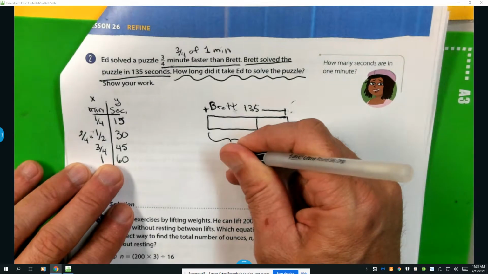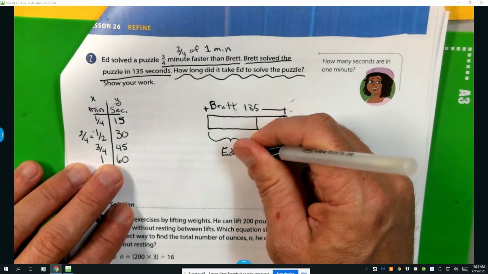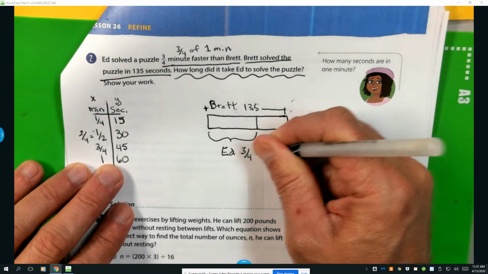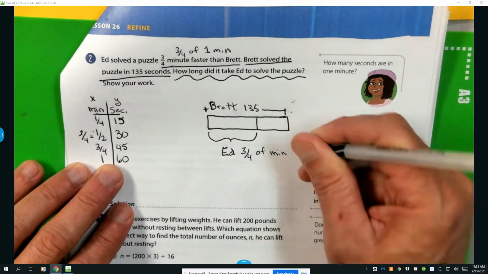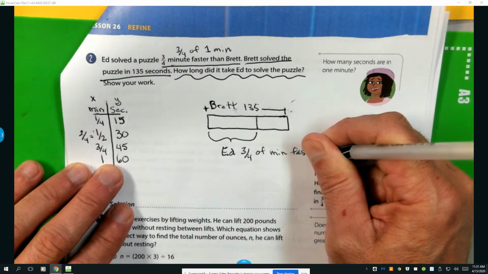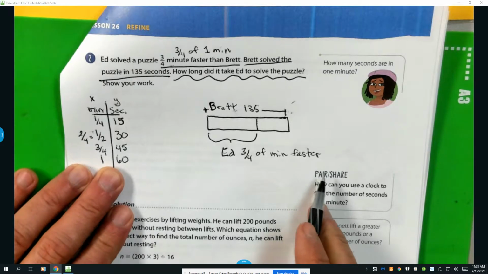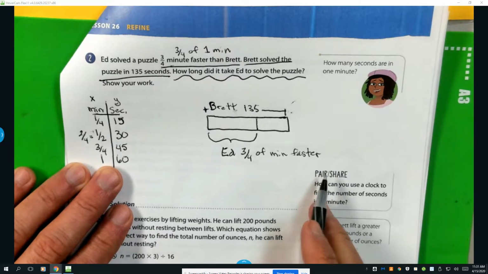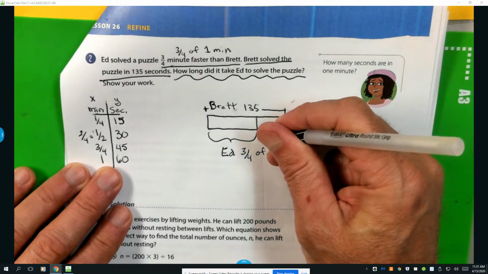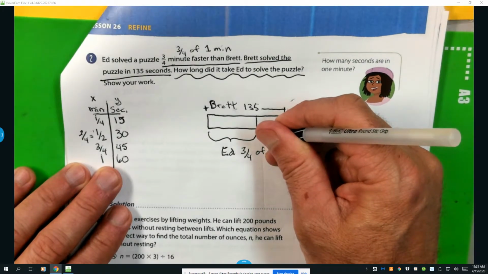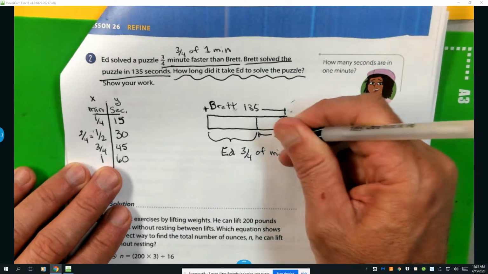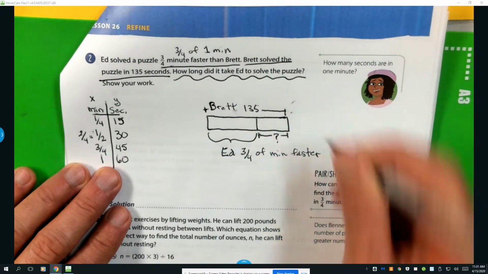Okay? Ed, 3/4 of a minute faster. So as you can tell, all we're going to do, and here's the difference in how much faster it took him right here. We are solving for this amount right here.